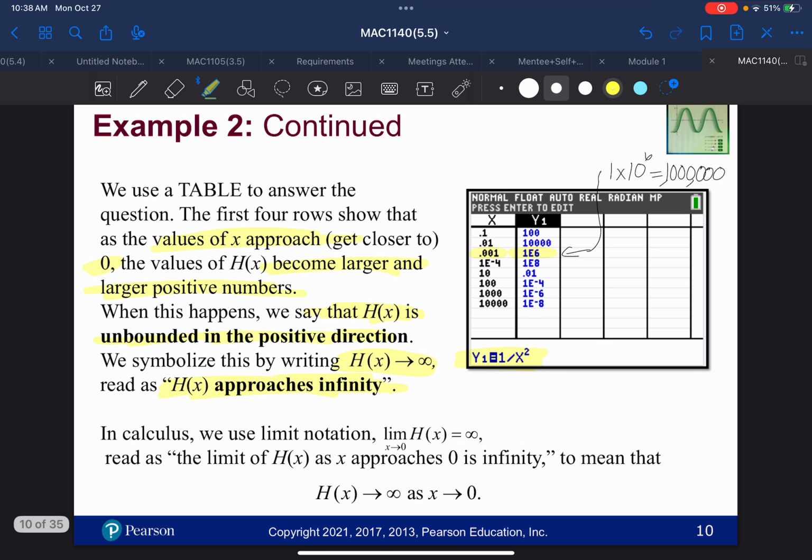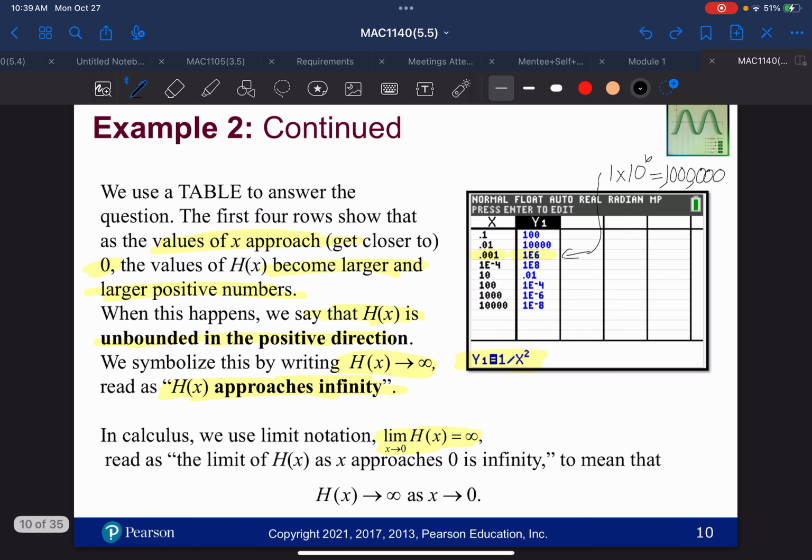In calculus, we can use the limit notation. The way that we read this right here is the limit notation says the same thing as, well, minus the part about x going to 0. But the way we read this is that we say the limit as x approaches 0, as x gets close to 0, then the limit of our function h of x is equal to infinity.